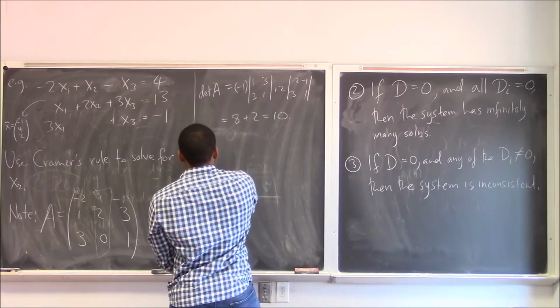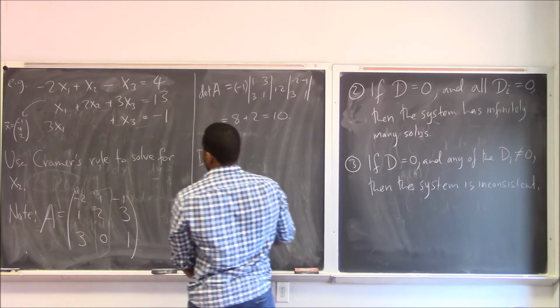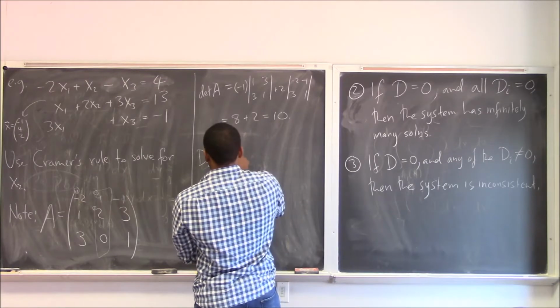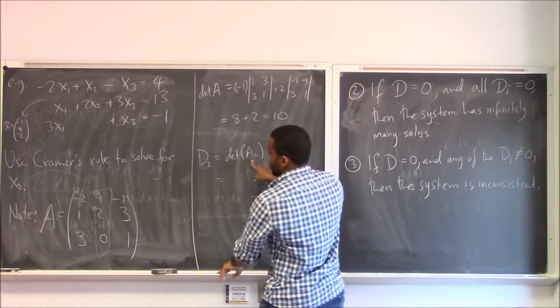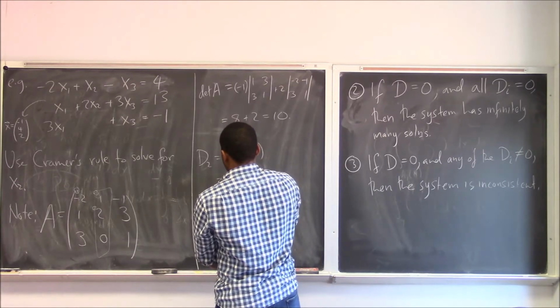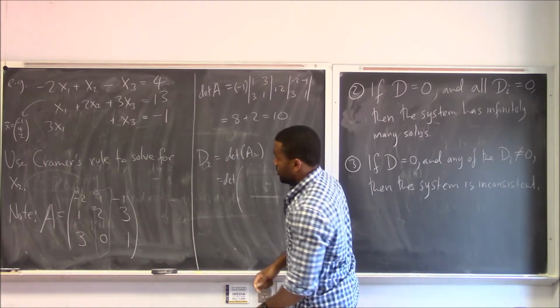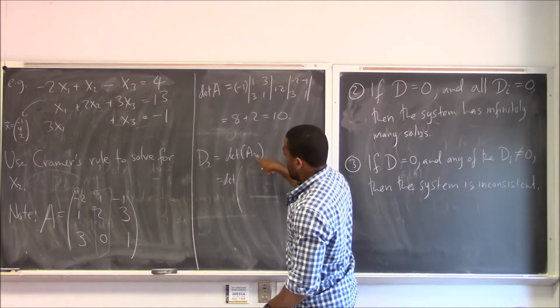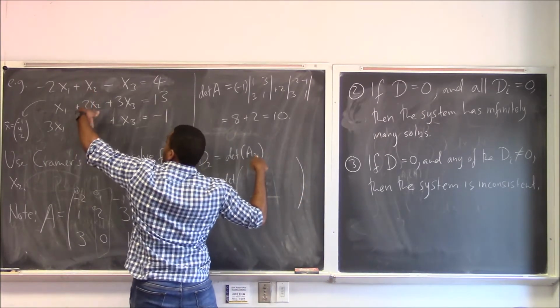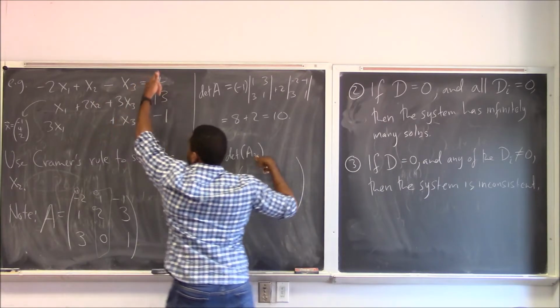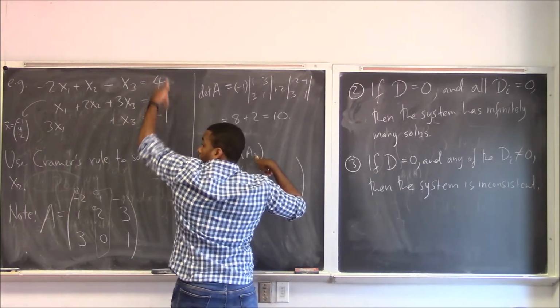So now, what I care about is finding D2. Now this is just the determinant of A2, and in my A2, the second column, which is this guy, is going to be replaced by the B column, right?